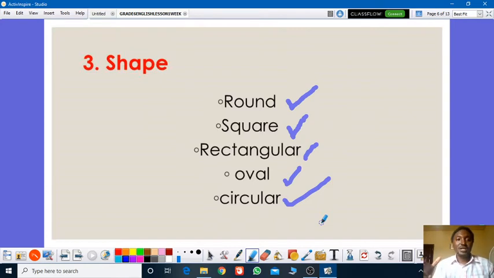Size is how big or how small, and shape is how it looks. For example, my phone is rectangular. My ring is round, so they're different. Those are two different things, don't confuse.